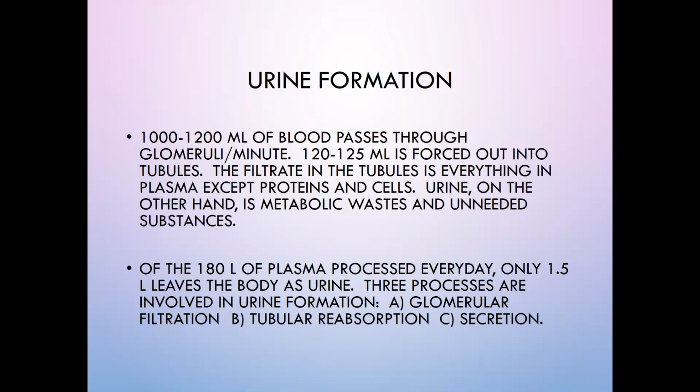We already know that we have a glomerular filtration rate, so 125 milliliters is forced out into the tubules. The filtrate in the tubules is everything in the plasma except the proteins and the cells, because they will not fit through the pores or the filtration slits. We want to keep them behind.